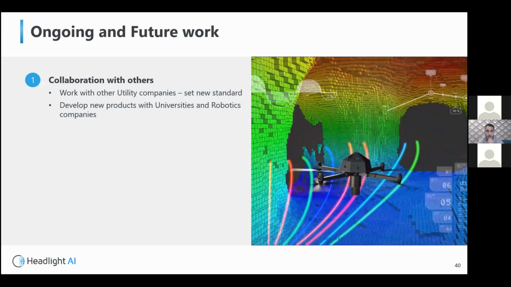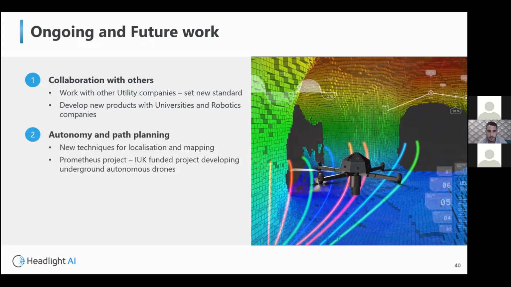So for us now, ongoing and future work, we're always very happy to collaborate with other organizations. We would be very keen to work with other utility companies as well to help set a new standard, and develop new products with universities and robotics companies. We're already working on some autonomy and path planning algorithms, specifically new techniques for localization and mapping.